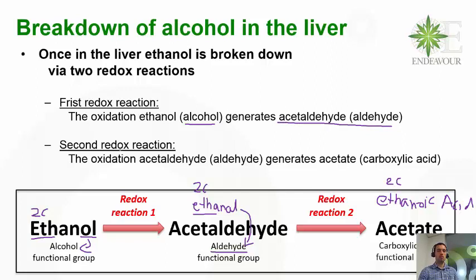In the second redox reaction, again the compound will be oxidized, this time going from aldehyde to carboxylic acid. So there are 2 functional group changes within this series of redox reactions. We're going to look in detail at how each one of these occurs.